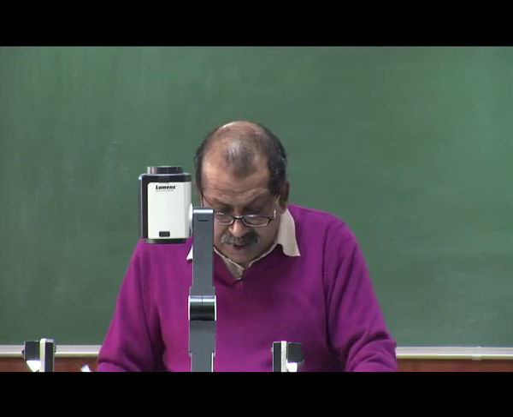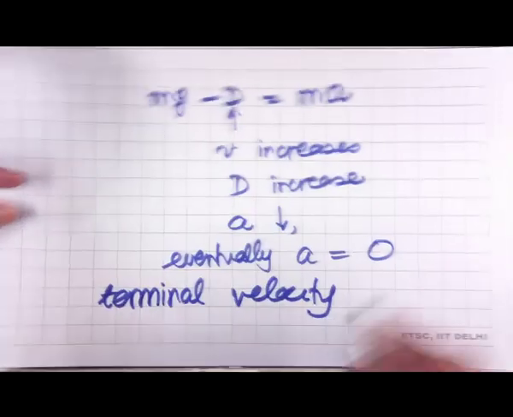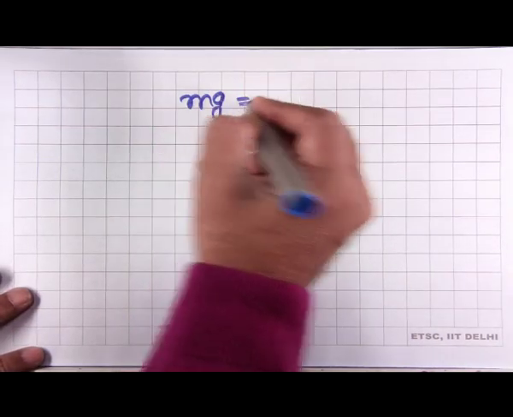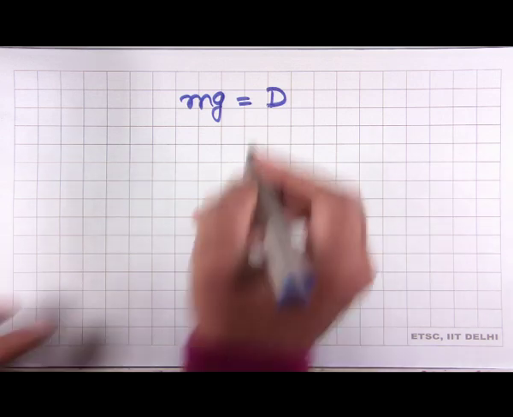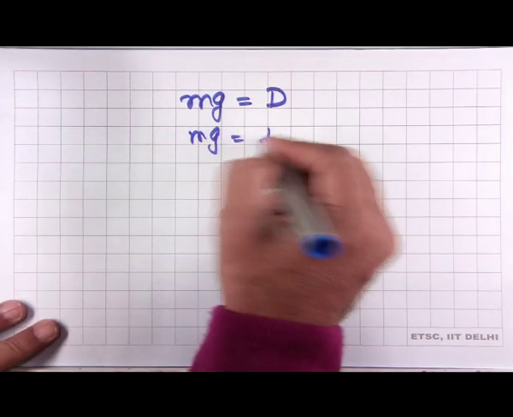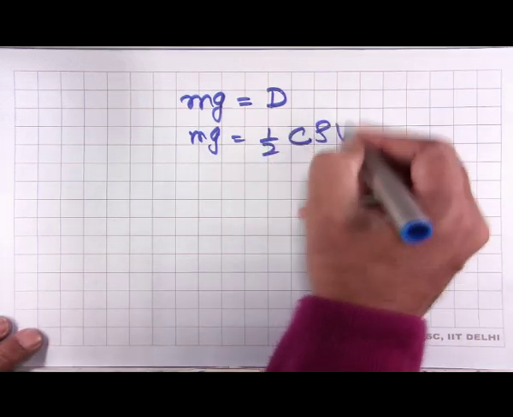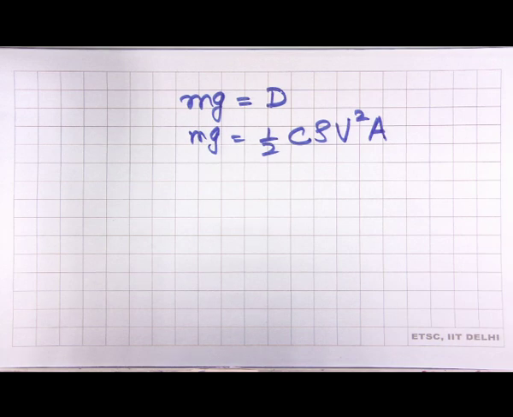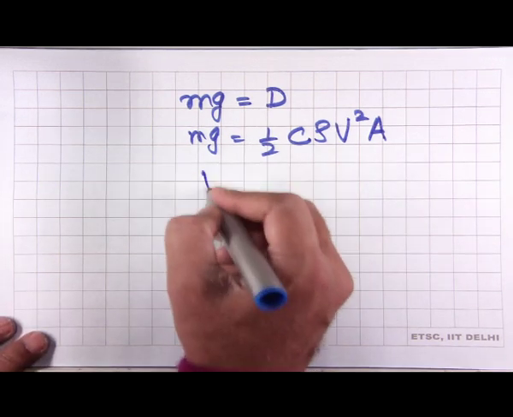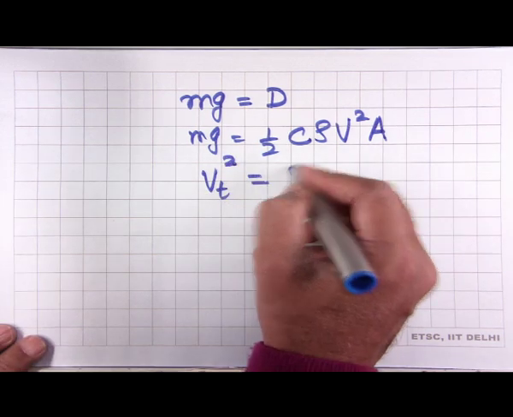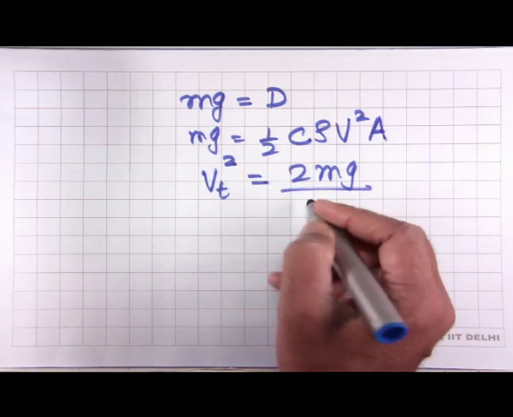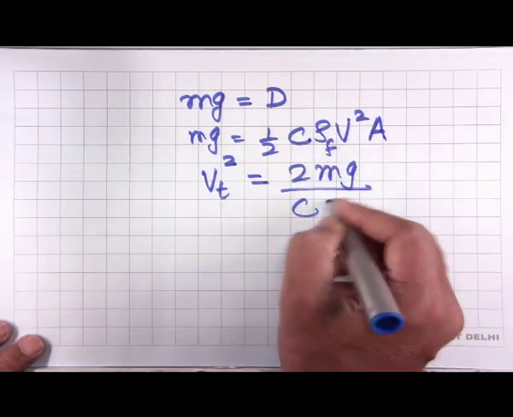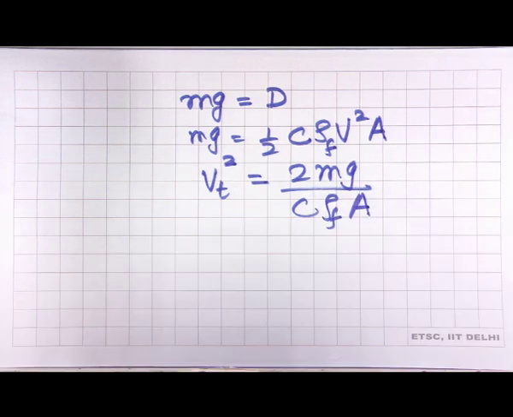When the body has achieved terminal velocity, acceleration is equal to 0, and mg is equal to D. If we write the drag force as half C into rho V square times A, we get the terminal velocity square equal to 2 mg divided by C times rho of the fluid times the frontal area of the body. This is how one can get the expression for the terminal velocity.